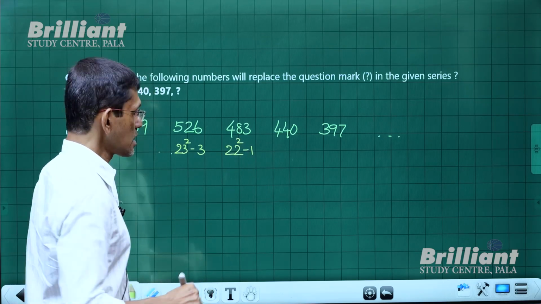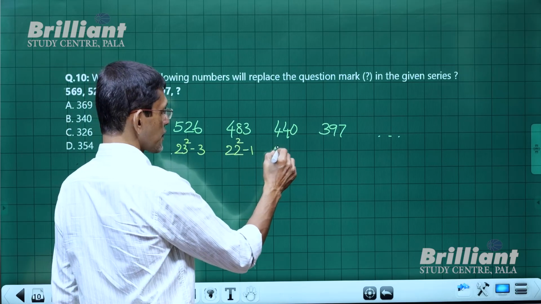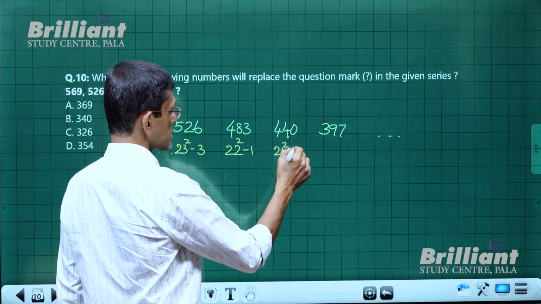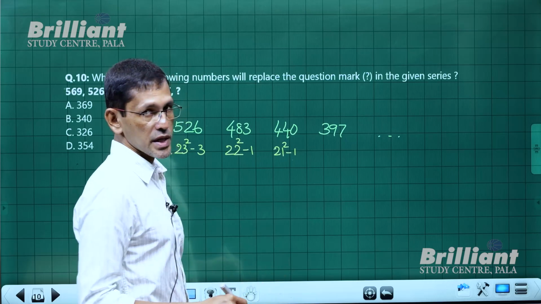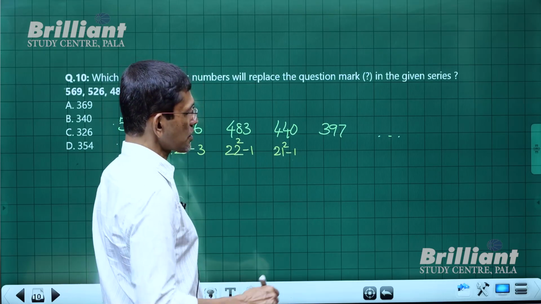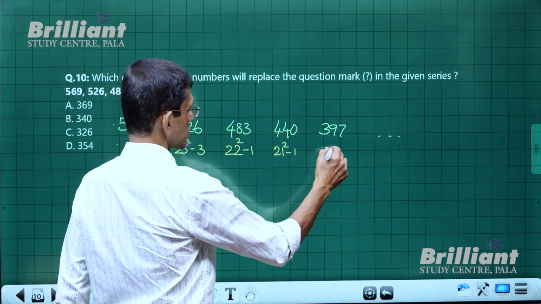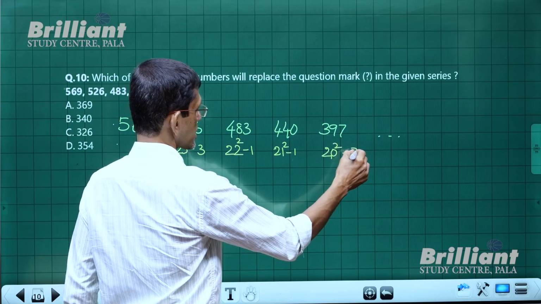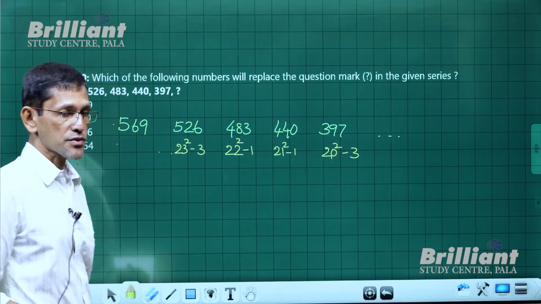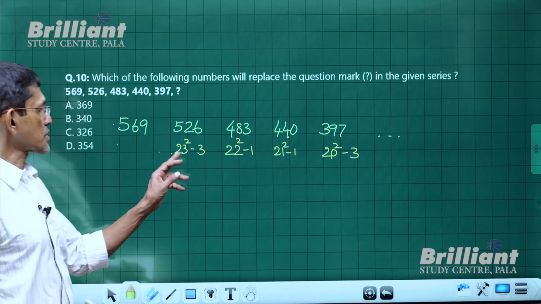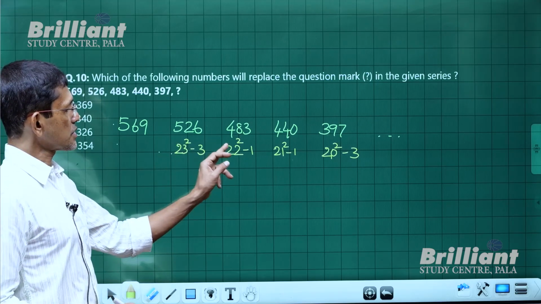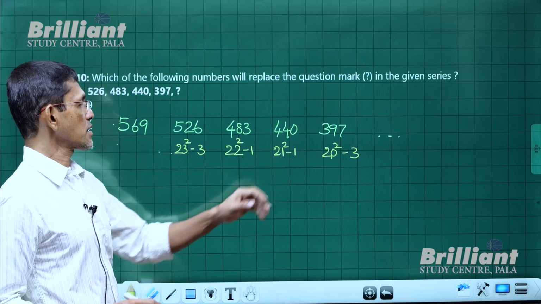And 440, that's again 21 square is 441, 21 square minus 1. And 397, is there any square near to that? Of course, 20 square minus 3. 20 square is 400, 400 minus 3. So this is 23 square minus 3, 22 square minus 1, 21 square minus 1.